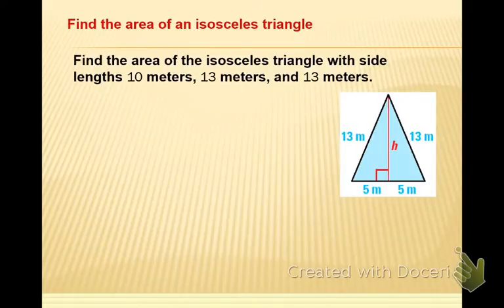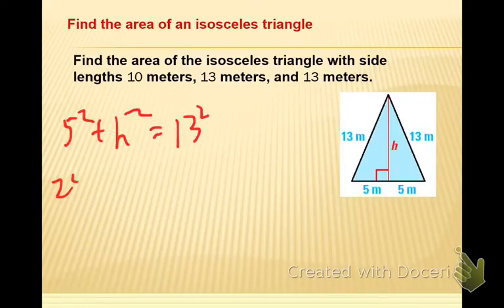Find the area of an isosceles triangle with sides 10, 13, and 13. How can we find h, Aaron? All right, yeah, we have to do the Pythagorean theorem, so we do 5 squared plus h squared equals 13 squared.